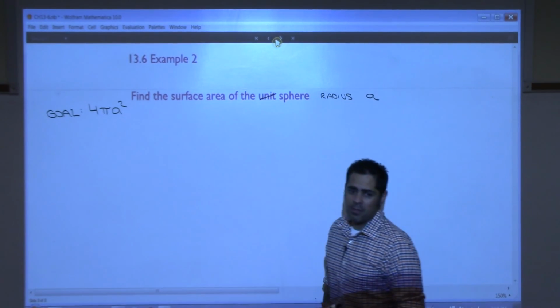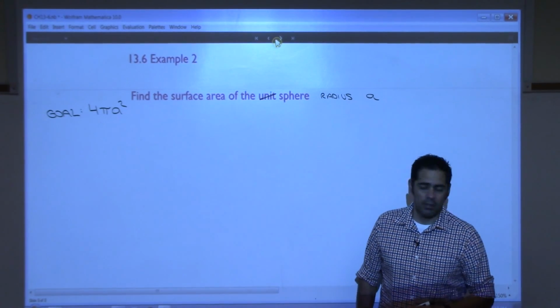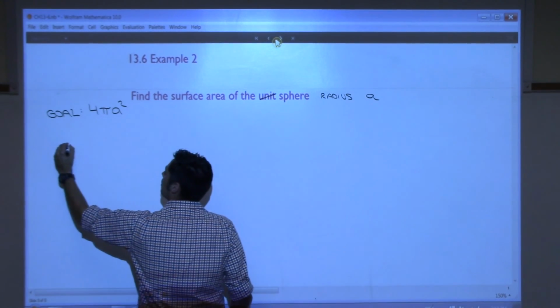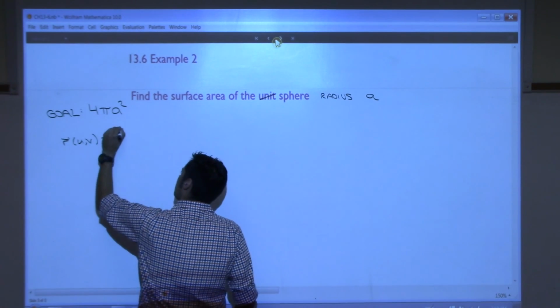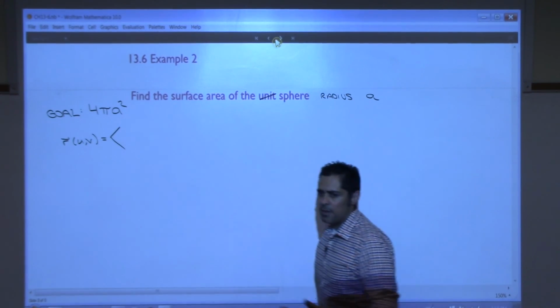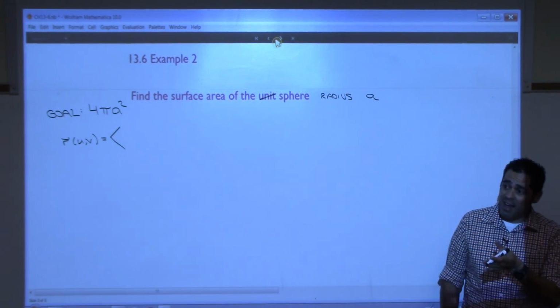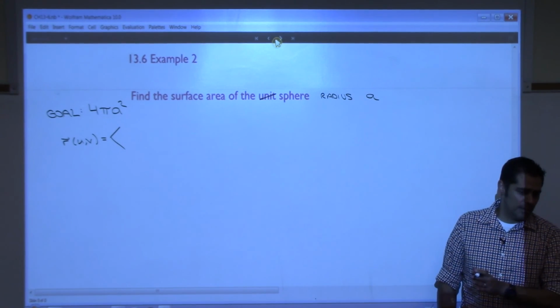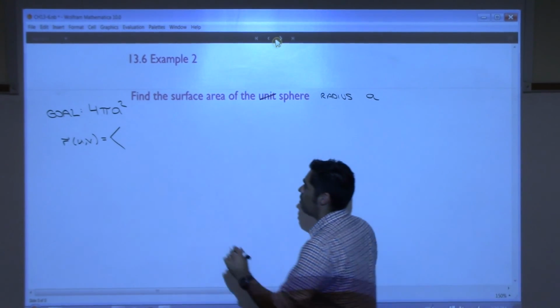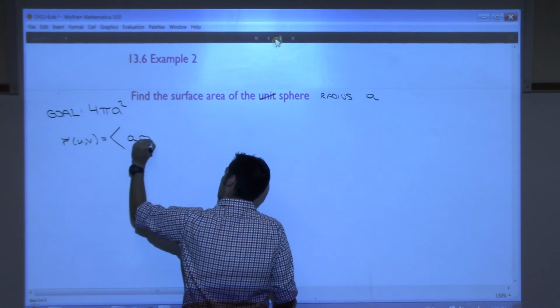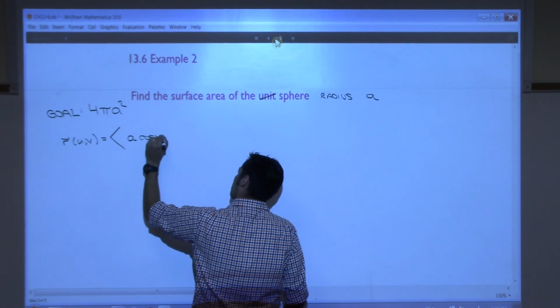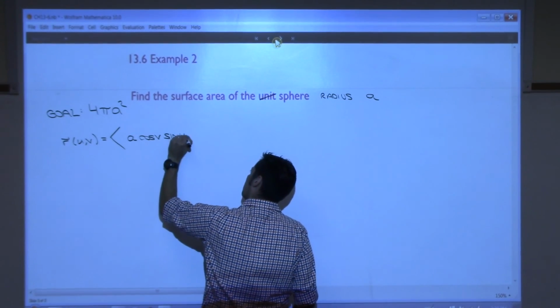I need to be able to draw the surface first. So how about we do it with this? r of u, v equals, now let's use the same thing we used just a second ago, except it's not radius 1, right? It's radius a. So I'm going to go a cosine v sine u, is that what I did?